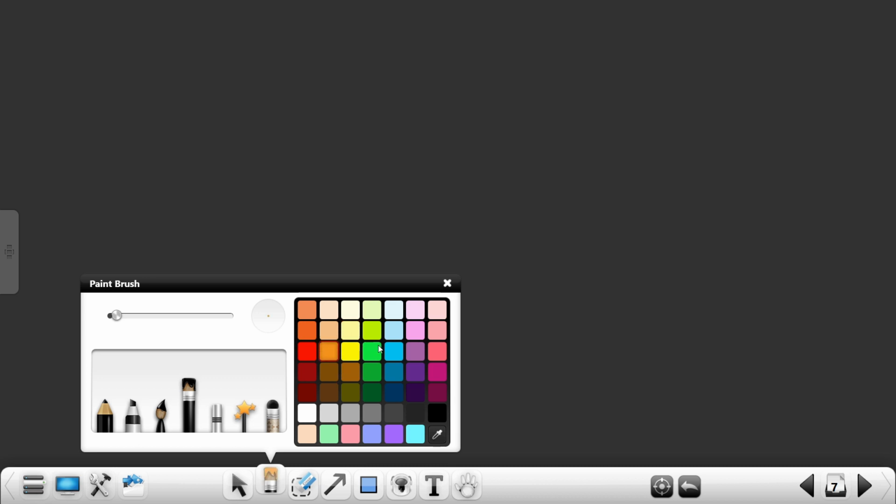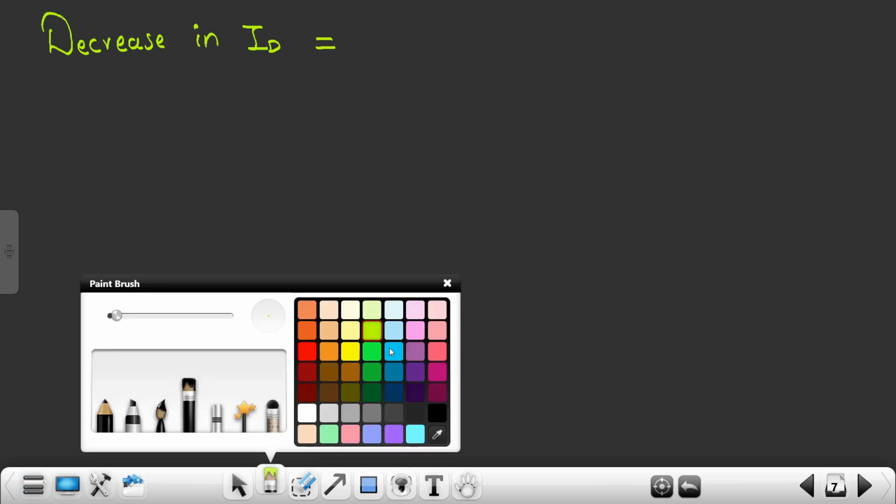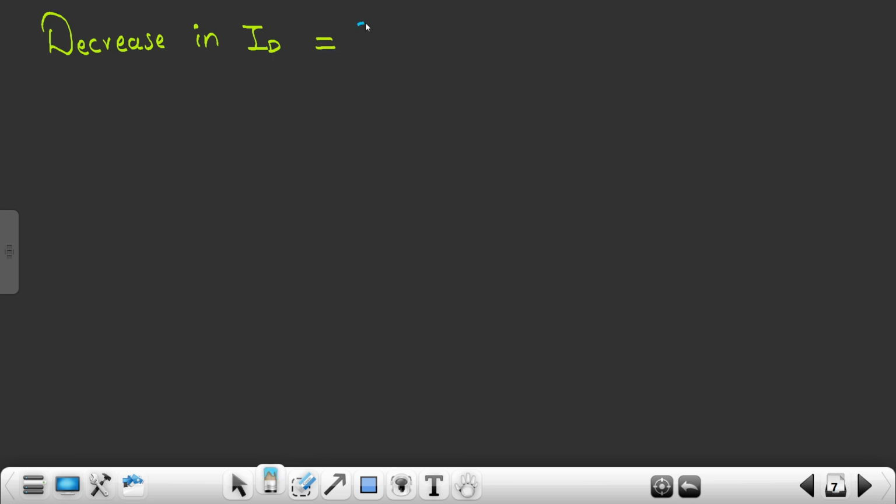Obviously, a decrease in ID is compensated with an increase in current ID.